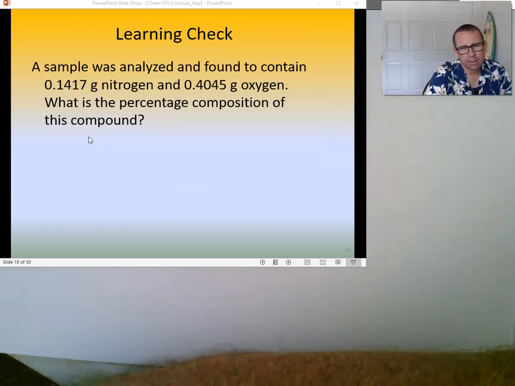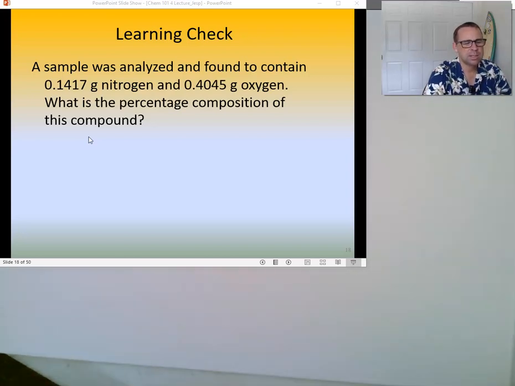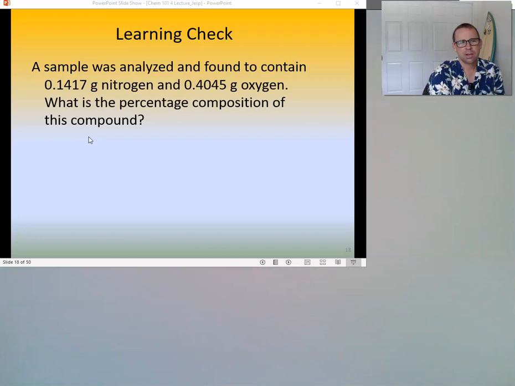All right. Now here's another way that a question might be asked, and we can still think about percent composition, even though it's not presented the same way as before. This question says, a sample was analyzed and it was found to contain 0.1417 grams of nitrogen and 0.4045 grams of oxygen.